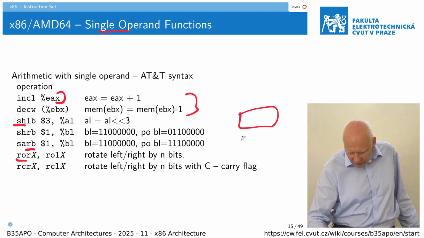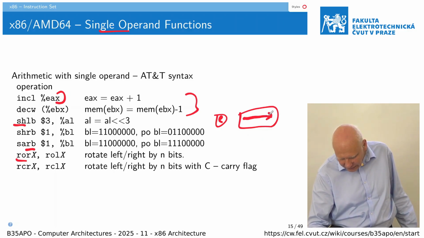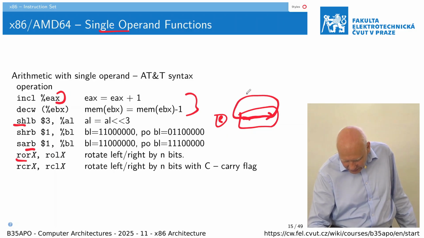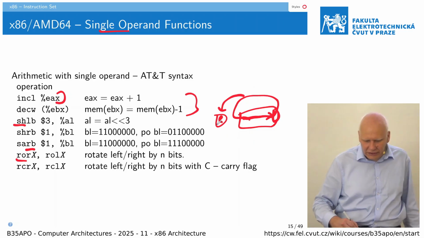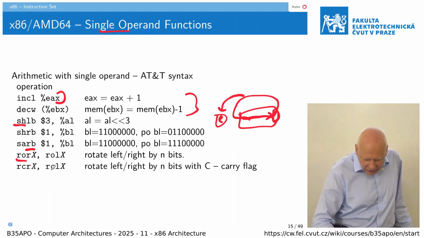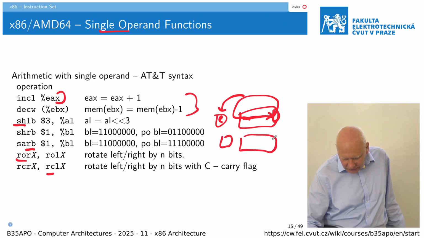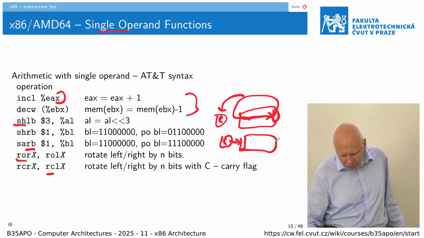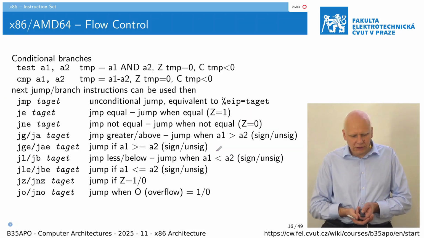So basically, one option is that you have the carry flag, and you rotate the bits, for example, to the right, and the least significant bit is copied even to the carry, or you can rotate through the carry. So in this case, the carry is stored to the most significant bit, and the least significant bit appears in the carry. So there are quite a lot of options for those operations.